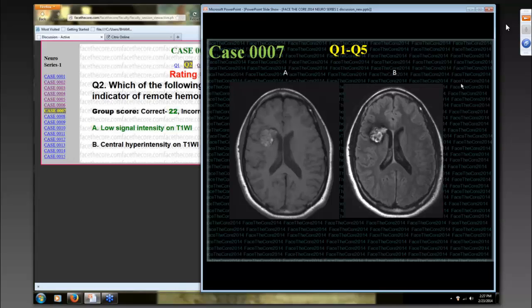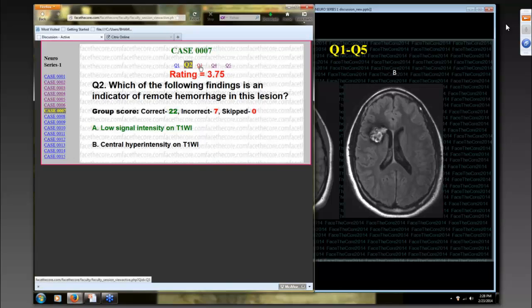That is an indicator of a prior bleed, and of the blood degradation products, the hemosiderin never leaves the brain, and that gets deposited along the periphery of the lesion itself. So that is the hemosiderin.